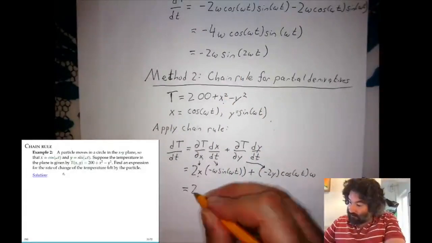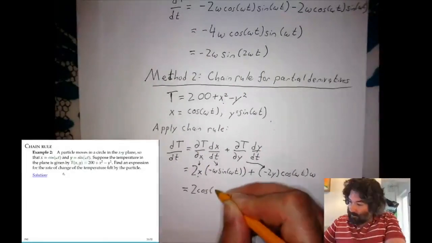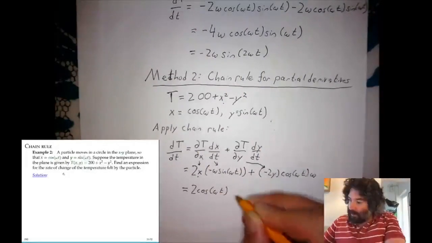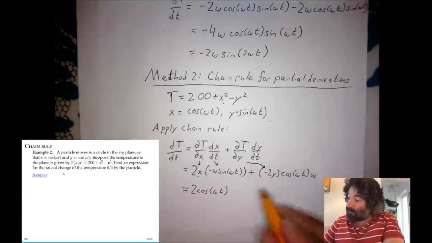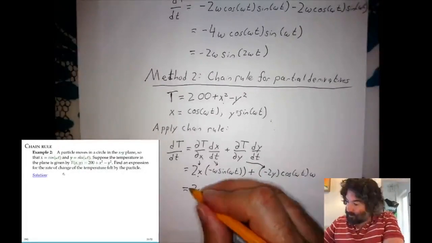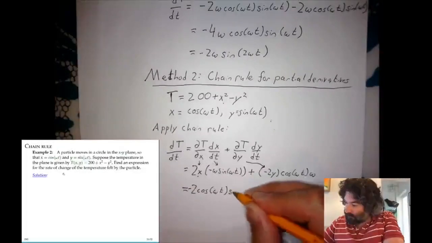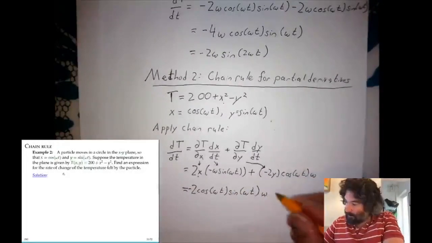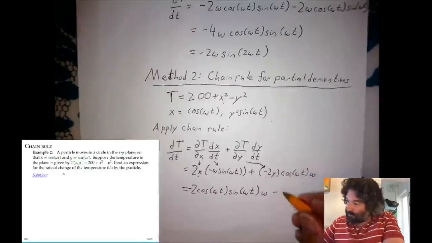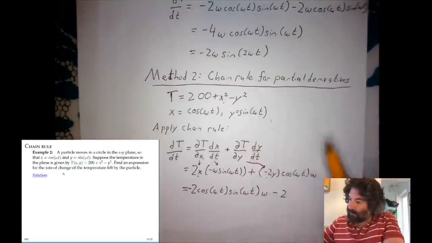So we have 2 cosine of omega t times negative omega sine of omega t. So let's put the negative here. Sine of omega t, and minus 2, and then y was sine of omega t.